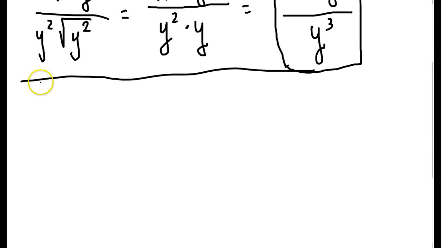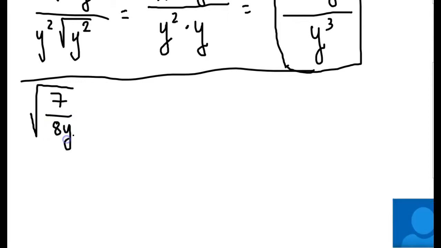So we're going to do a problem that looks like this. It's the square root of 7 over 8y. Okay, so the first thing we need to do is what? Divide?